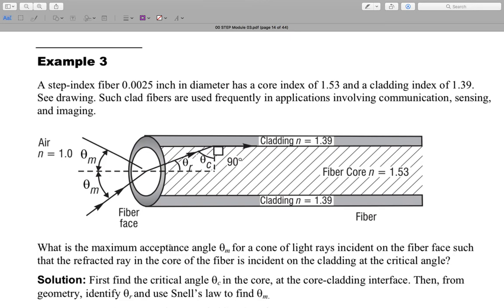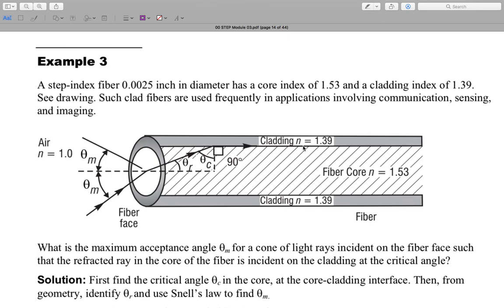We can see here this is air, with the index of refraction of air being 1.0. This is the incident angle, and this is the refraction angle. So we get theta critical here when the refracted angle is 90 degrees.